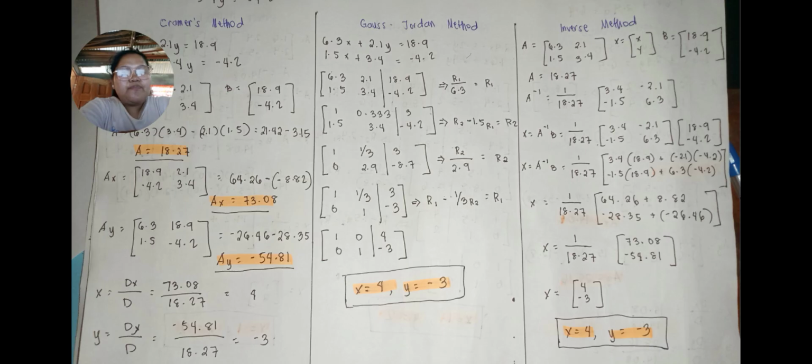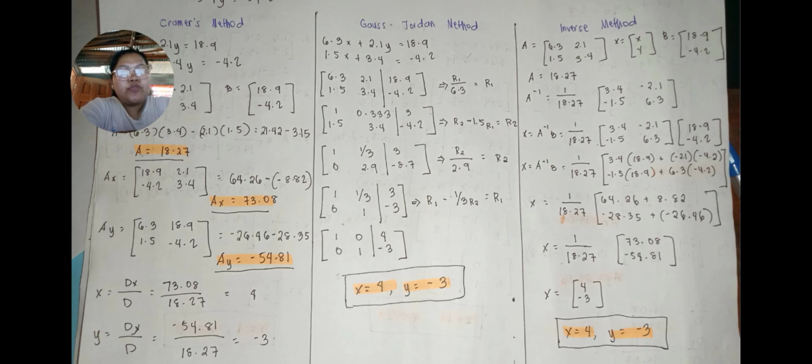Copy the row 2. Now we are going to have another formula in order to make the 1.5 in row 2 into zero. So, we have the formula row 2 minus 1.5 row 1 is equal to R2. It results to 0, 2.9, and negative 8.7.